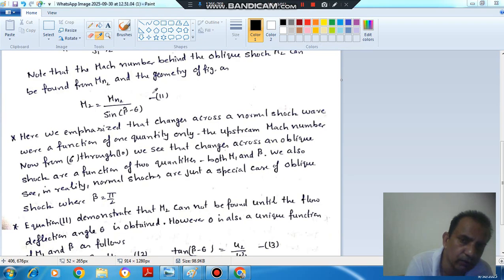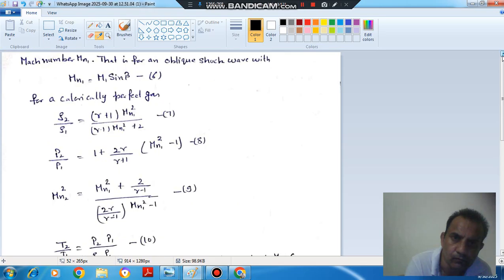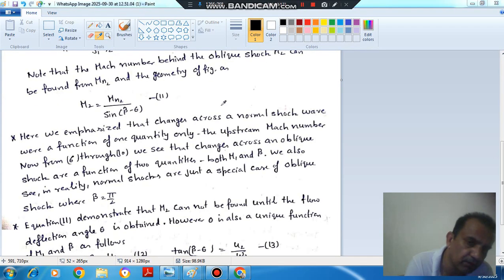Now if theta is 0, then there will be no deflection and it will be the case of normal shock. So there is some relationship between theta and beta, and we will derive that relationship. Here we emphasize that changes across the normal shock wave are a function of one quantity only.